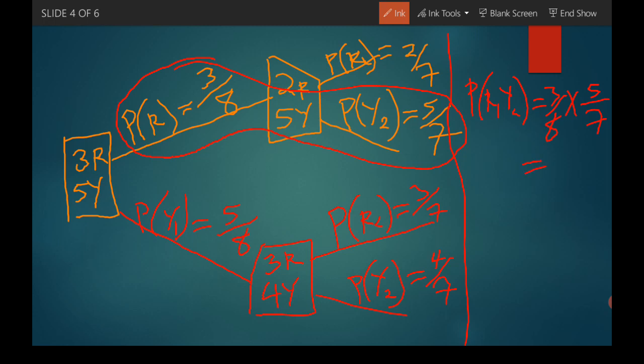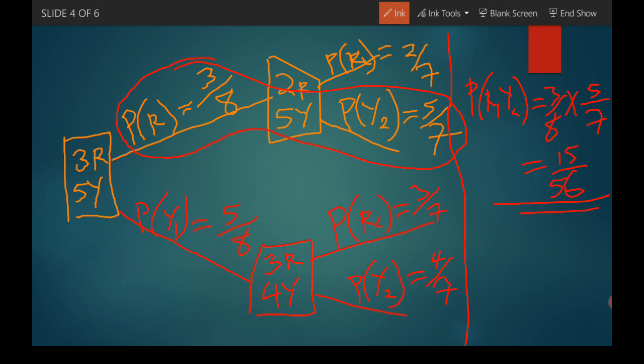Can we simplify? No. 3 times 5, that is 15, and then 8 times 7, we get 56, and that is our answer. The first being red and the second being yellow.